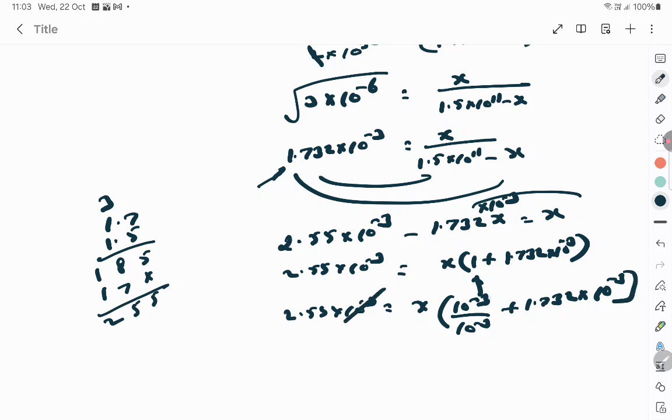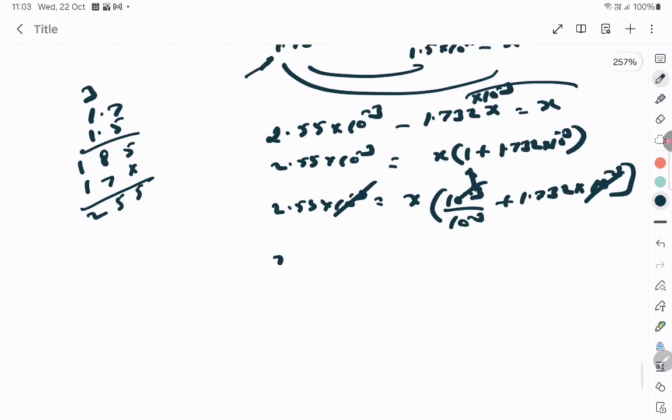So 10 to the power minus 3 can throughout get cancelled. This will be 2.53 is equal to x into 1000 plus 1.732.